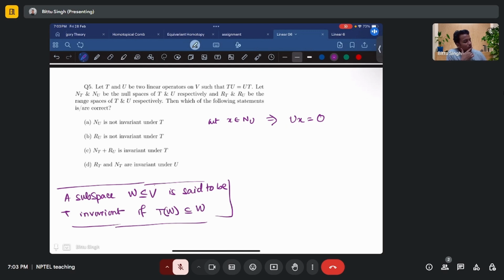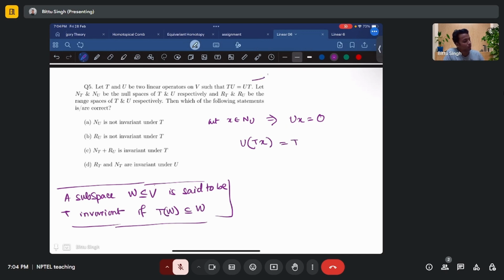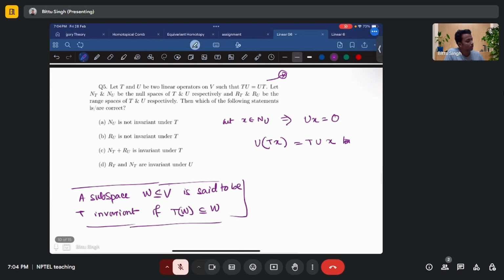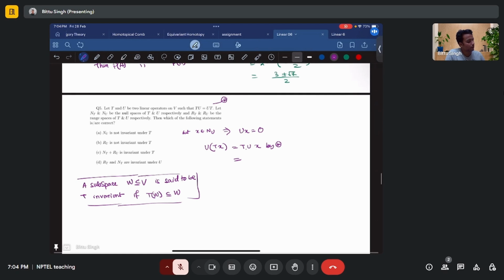Now we need to see whether T applied on x belongs to NU or not. If we apply U here, by star, this is the same as TUx, but we already have Ux equal to 0.